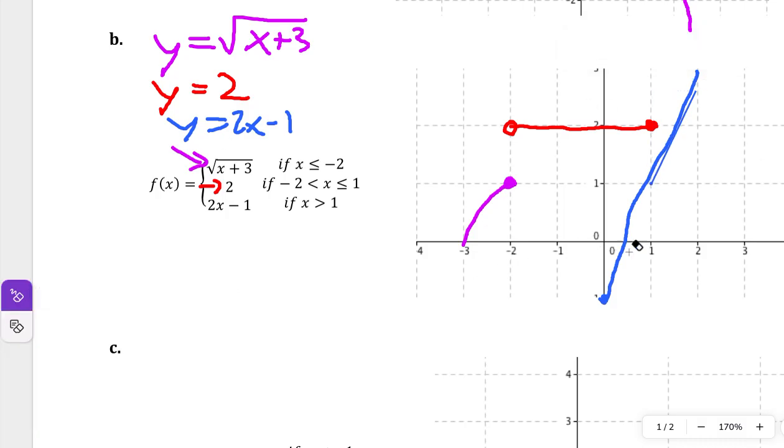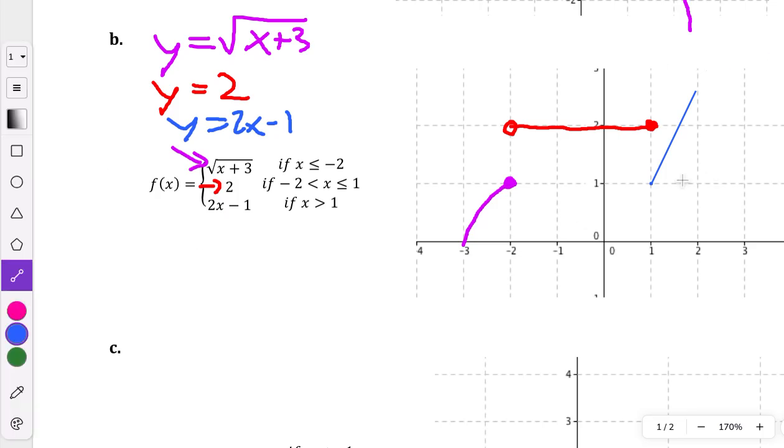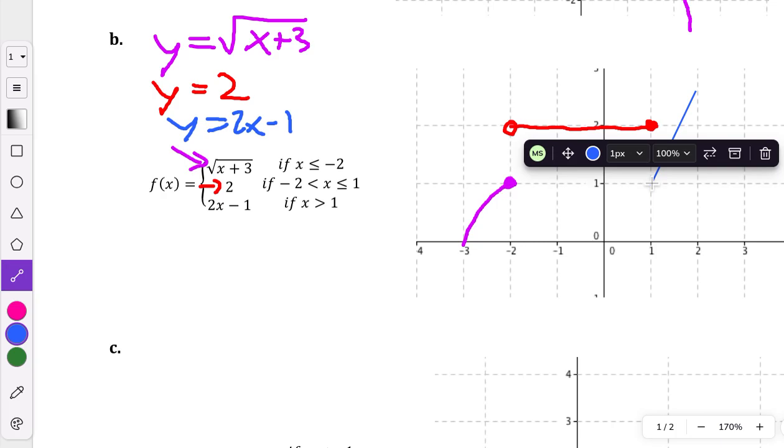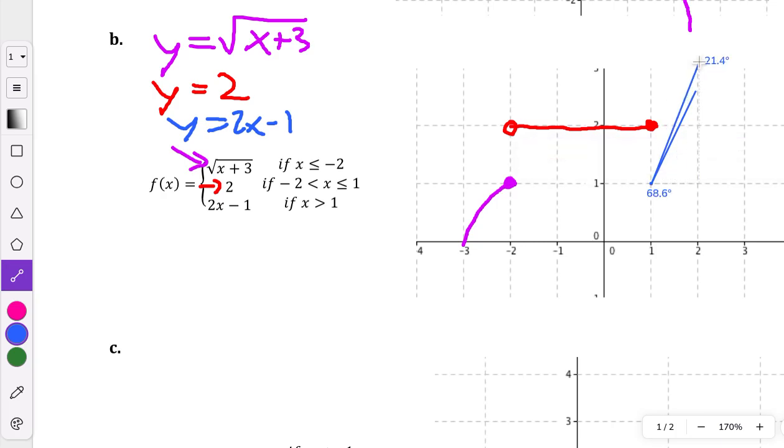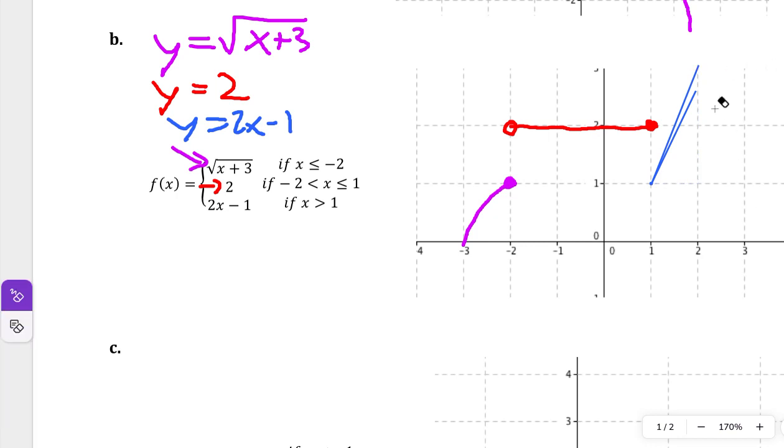All right. So this then is gone. And you know what? We can actually extend this out. So this is a slope of 2. So I apologize. I actually did the line wrong. It should go more like that. Like that.